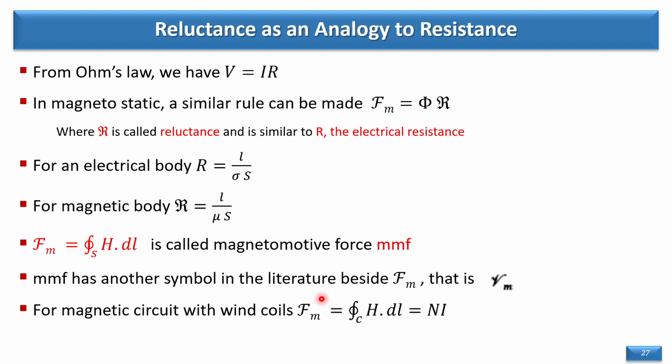The magnetomotive force is the integration over a closed path of H dot dl. And this can easily be equated to N multiplied by I when we have wound coils. So if we have a coil, the magnetomotive force of this coil equals the number of turns multiplied by the current I.